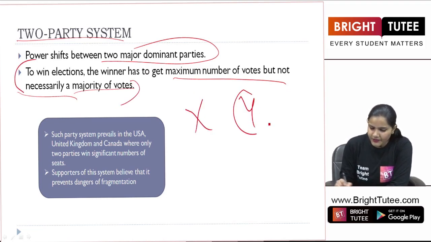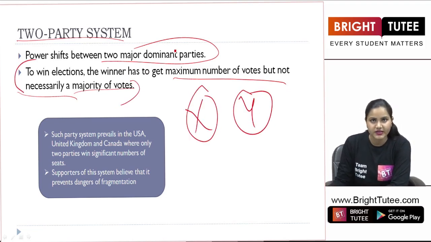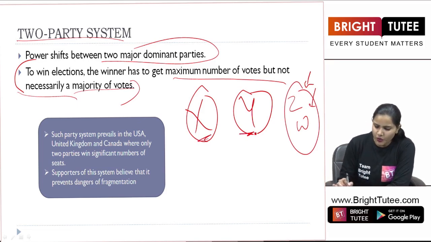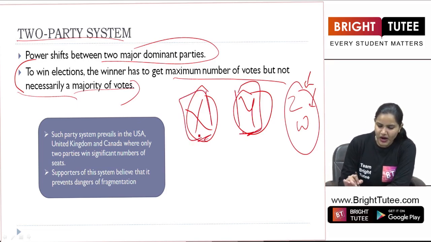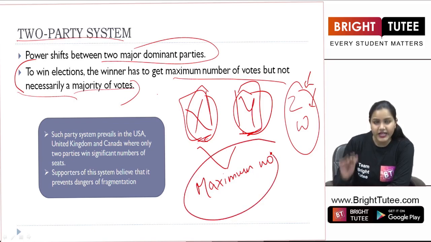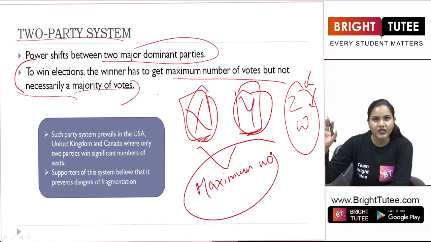Now, X and Y are the two dominant parties, and Z and W are some of the small parties in that particular country. In order to win the election, these two dominant parties have to get the maximum number of votes. They do not have to get a majority of votes, but the maximum number.